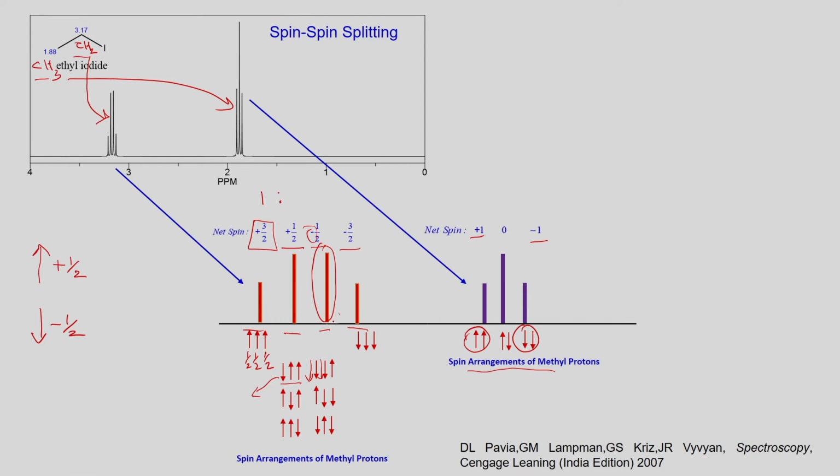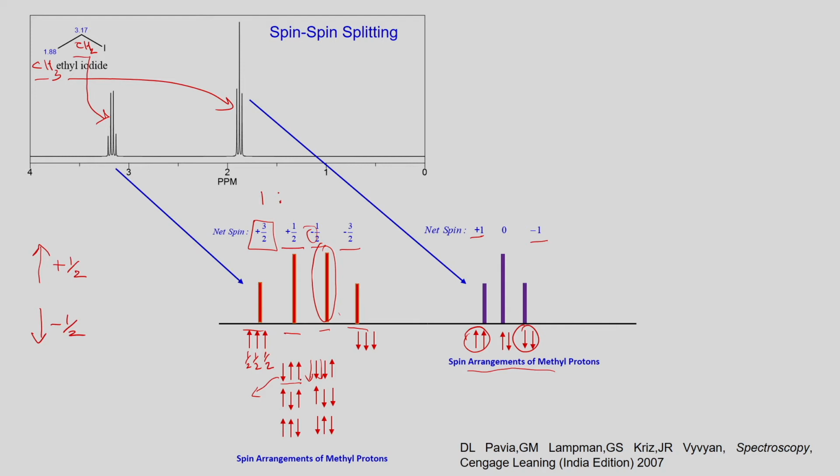So, what are these actually reflecting? With the net spin of plus 3 by 2, plus half, minus half, minus 3 by 2, it means there are 4 possible states, and out of these 4 possible states, these 2, plus half and minus half, are the most probable. So, what are the ways we can arrange? We can arrange it either with 2 spin states up, 1 spin state down, again up and down.